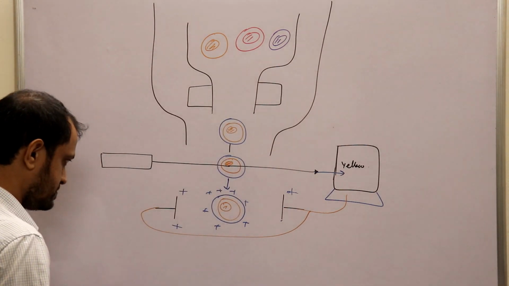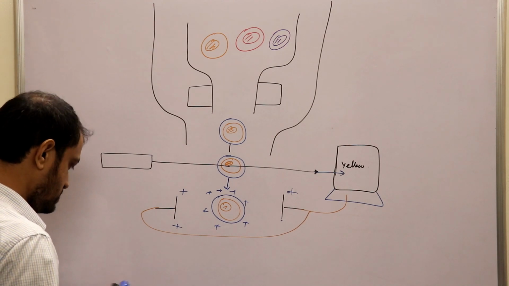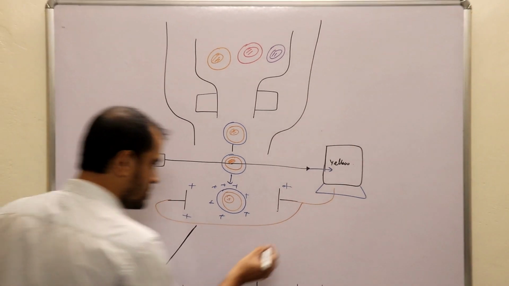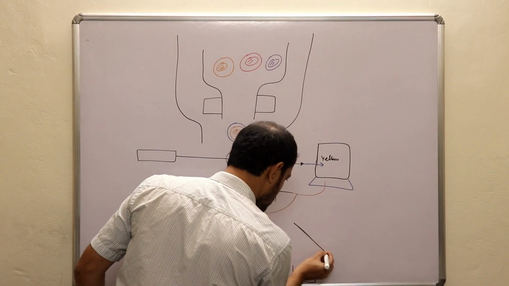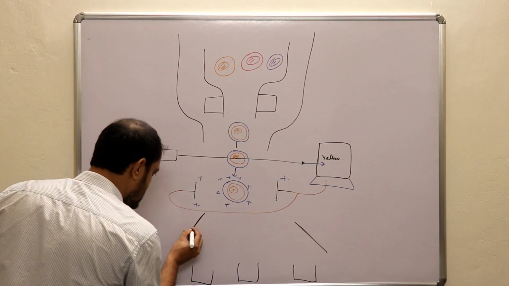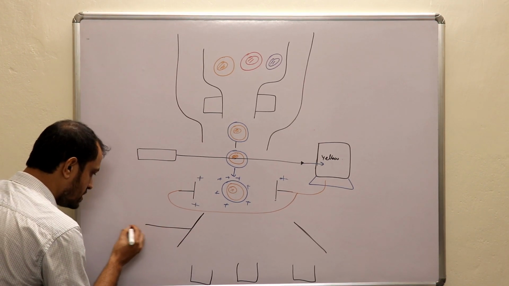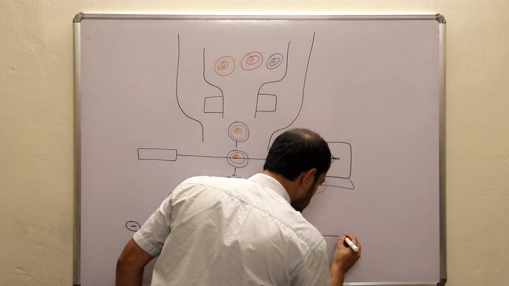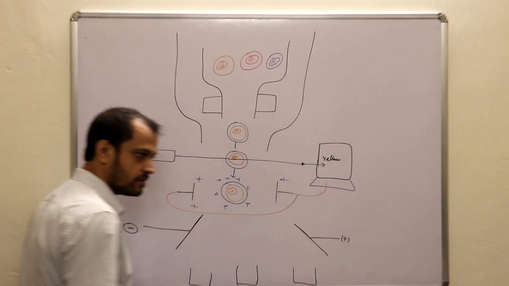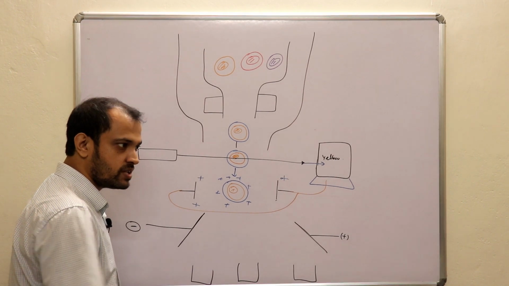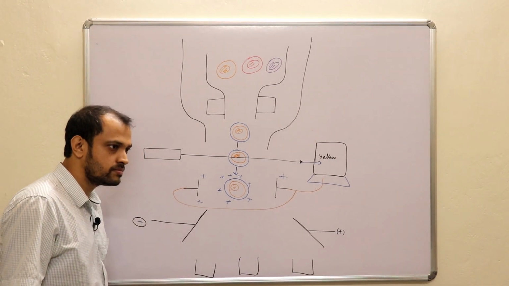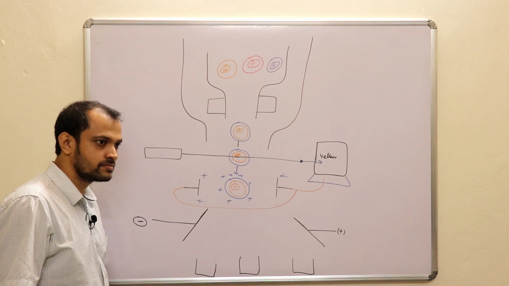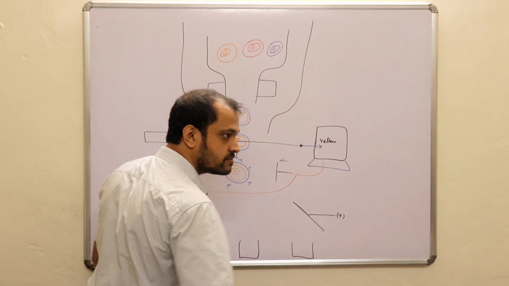Now listen, suppose this plate is connected to the anode, this plate is connected to the cathode. Which one is cathode, which one is anode?